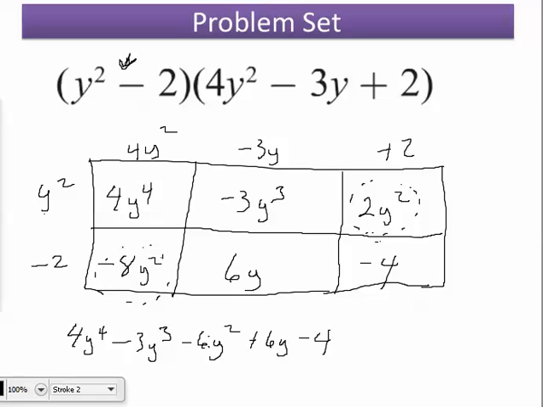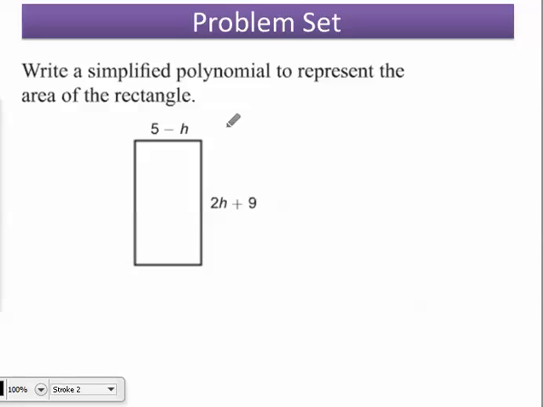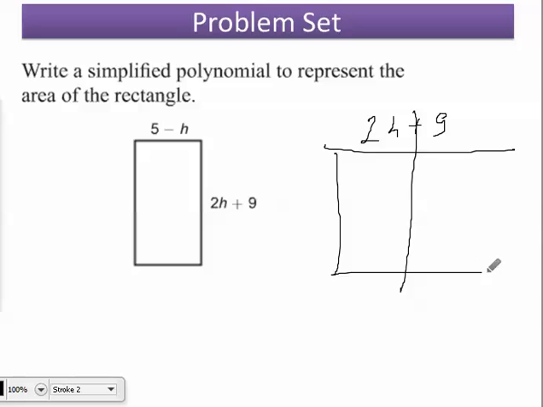Okay? Let's do another one here. Oh, we got another rectangle. They want us to write the formula for the area. So I'm going to have 2h plus 9. I'm going to draw my little box. You can see my box gets messier as I go along here, guys. Okay? I've got 5 and a minus h. Did it make any difference I wrote it that way? Not at all. I'm going to get a 10h.